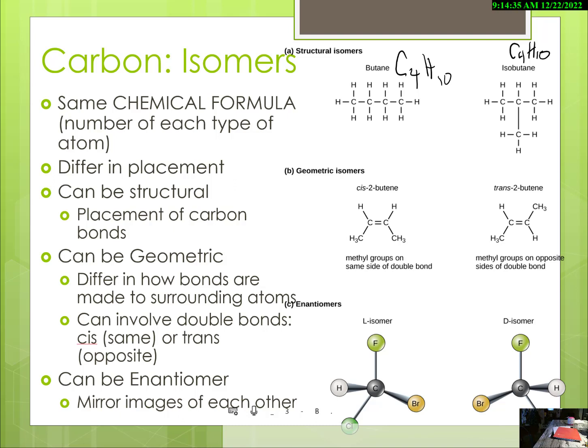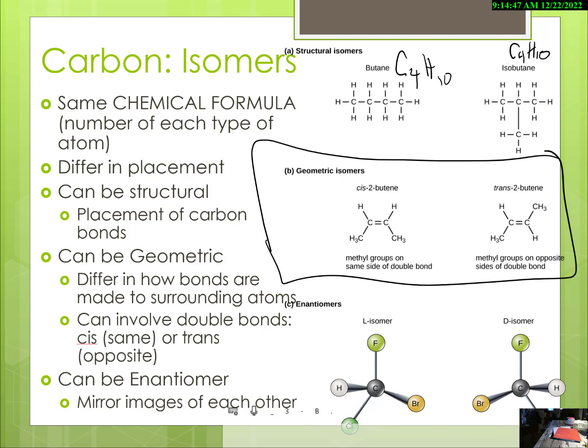So a different type of isomer that we can have is called a geometric isomer. And this is where we have double bonds in place. So these two items here are geometric isomers. And you see they have double bonds in place. But in particular, I want to point out where the rest of this chain lies.